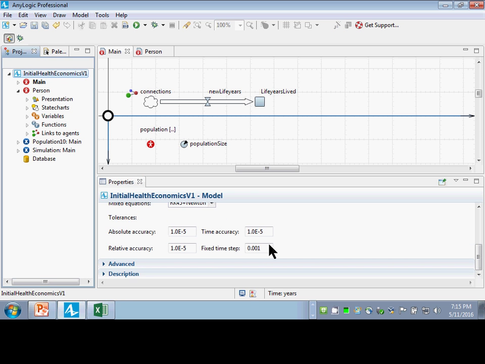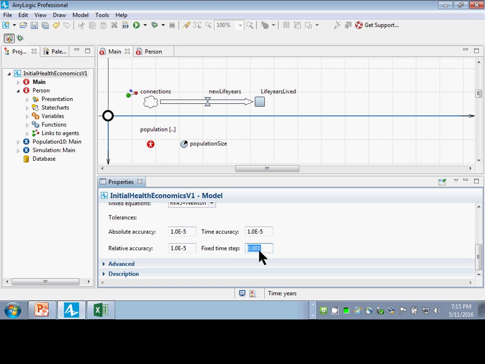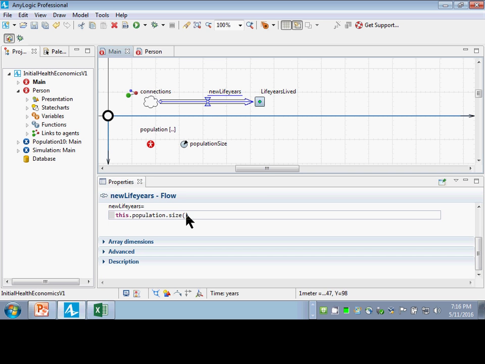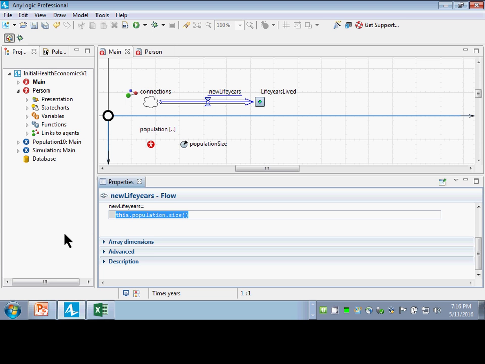The current value here was set by this population.size, and what it's going to be adding up over time is the value of this flow times the time step, which is this integration time step 0.001, and it's going to be adding those up over time.